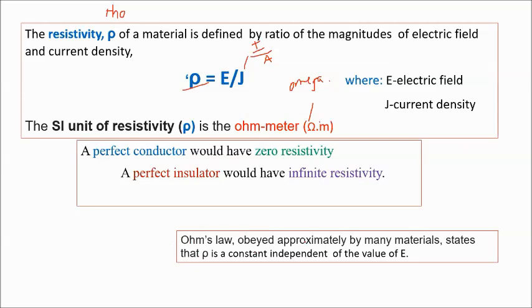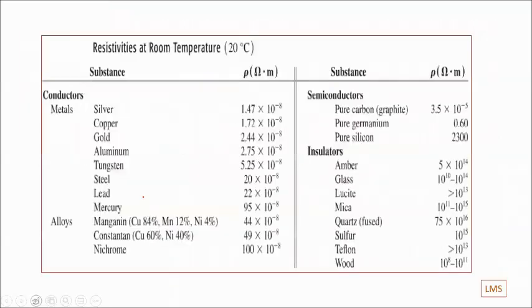Ohm's law is obeyed approximately by many materials, and it states that resistivity is a constant that is independent of the value of electric field. Again, resistivity is independent of the value of electric field. We have this table of resistivities for different substances, metals, alloys, semiconductors, and insulators.